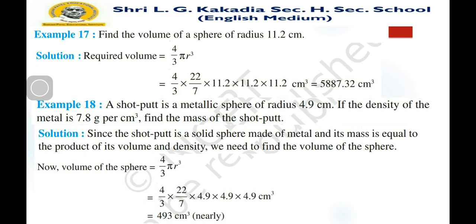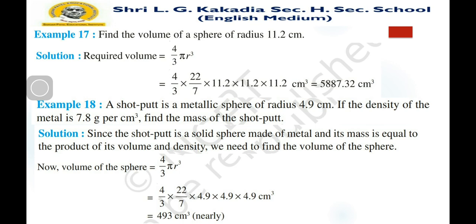Let me put the values: 4 by 3, 22 by 7, 4.9, 4.9, 4.9, as r cube is given. After simplifying all these terms, we get at last 493 centimeter cube, which is the volume of the given metallic shot put sphere. So now we want to find the mass of the given sphere.